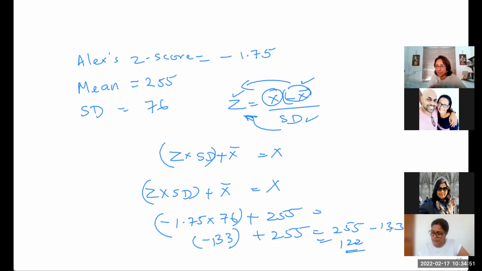Alex's score has a minus Z score, which means obviously we already know he is way below the mean, almost 2 standard deviations below the mean. That's what a Z score of minus 1.75 means. If you think of his score in the normal distribution, the mean here is 255.